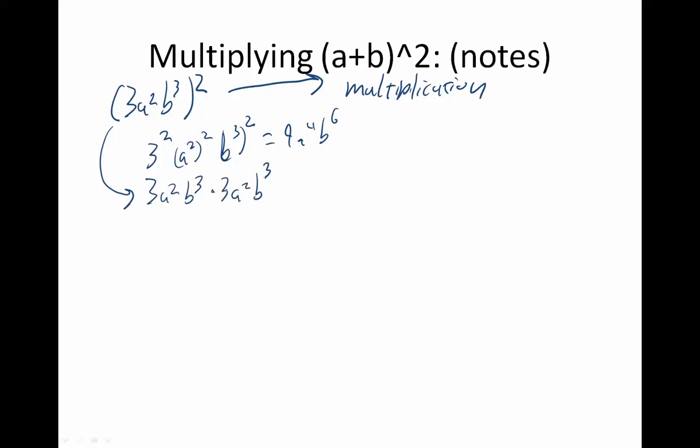And that's why this rule works, because since it's all multiplication, we can rearrange it so that all of these variables and numbers are next to each other, and then we can see how this works.